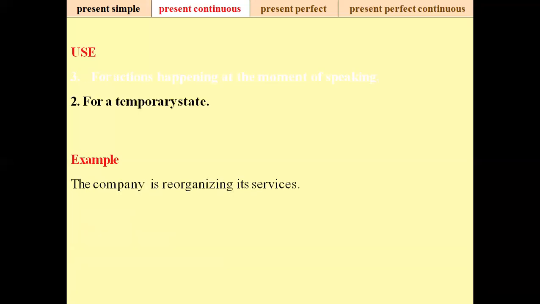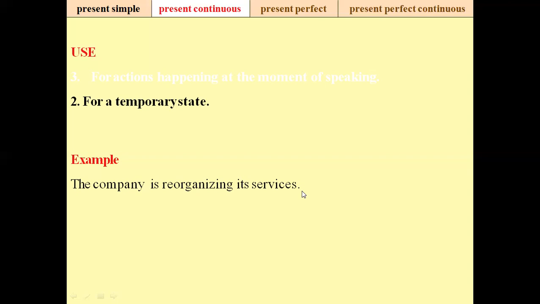Fine. Now we will see the next use of the continuous present tense. It is for a temporary state. Sometimes a state or situation is not permanent, it is temporary. For that purpose we use the present continuous tense. Here you can see: the company is reorganizing its services.